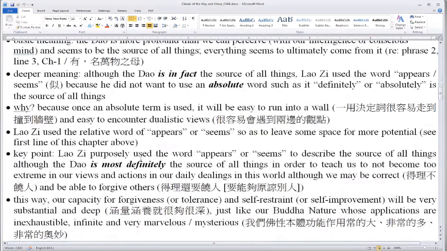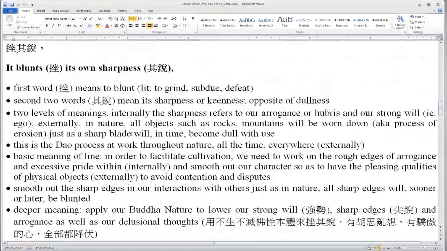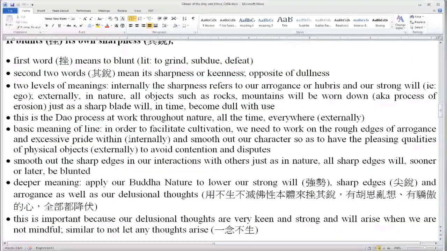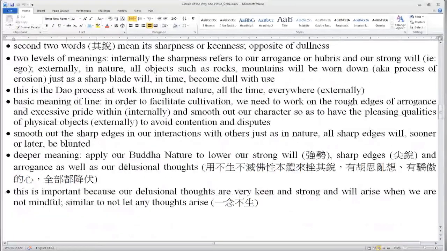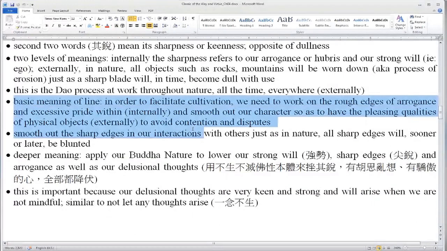Now, in its application, how we apply this, I'm just going to go to the deeper meaning. Even though there's the basic meaning here, you guys can all read it right here.